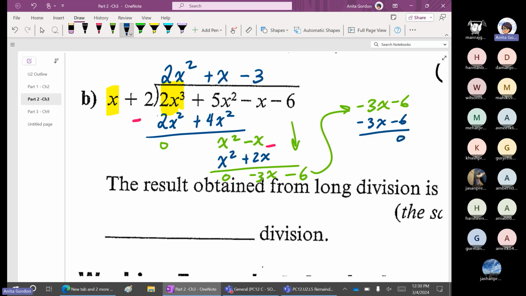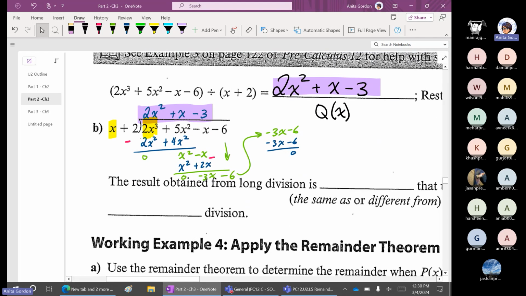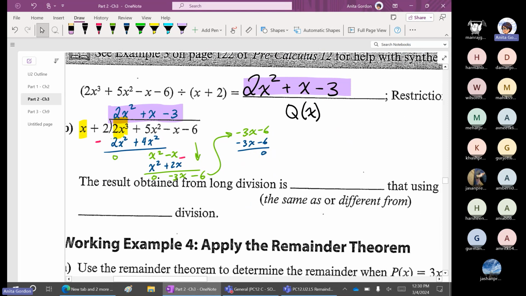Here we go. So if I zoom out, we can see that my quotient for long division and the quotient from synthetic division are the same. So no matter what method you use, your results should be the same. Long division and synthetic division.